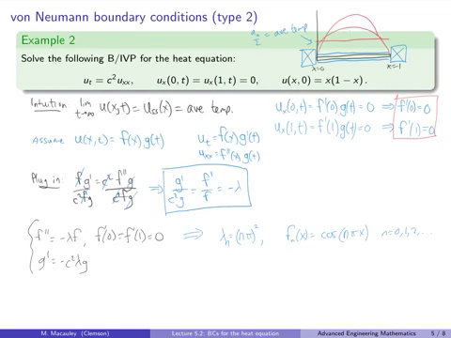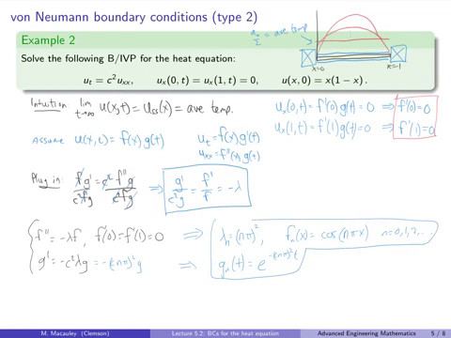Now we can update g, so g prime equals negative c n pi quantity squared times g, and this is just exponential decay. So gn of t equals e to the negative c n pi quantity squared t. So now we have a solution for each n.